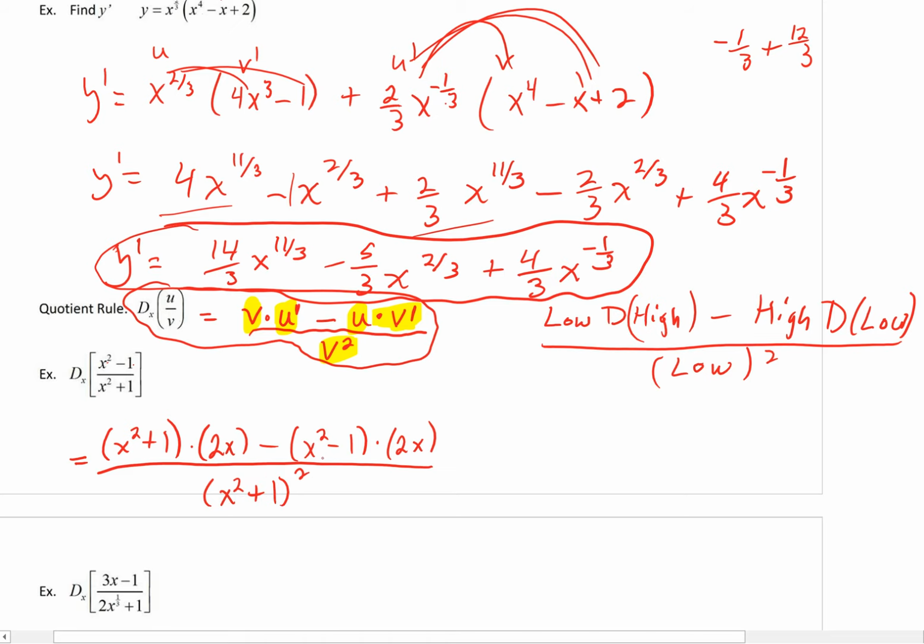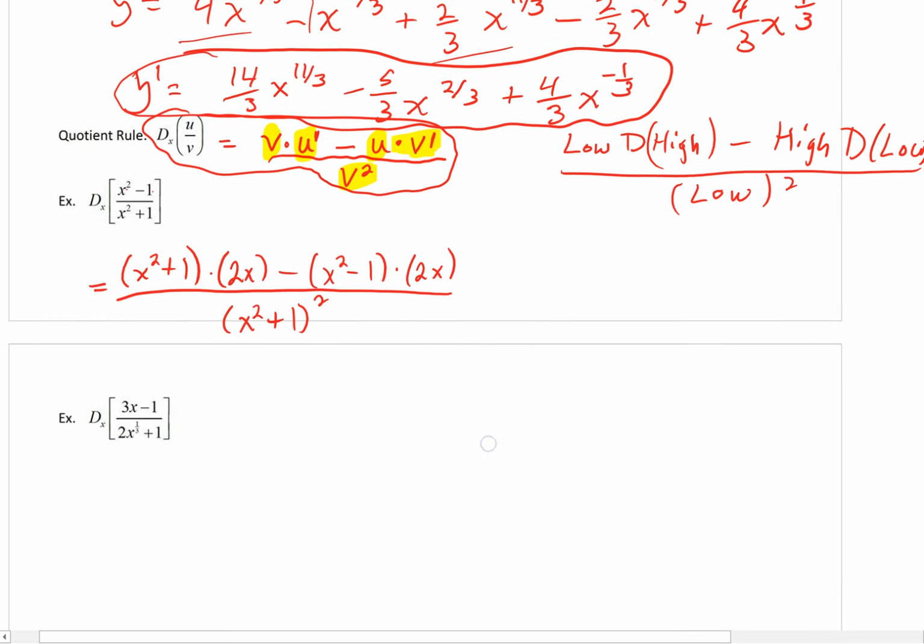Now, guys, I do want to point out that you don't have to do what I'm about to do here, but the method I'm about to show you will be super helpful for other problems. In fact, it's super important, even though this is an easier problem. We're not done. We want to simplify. Look at the top with me just for a moment.